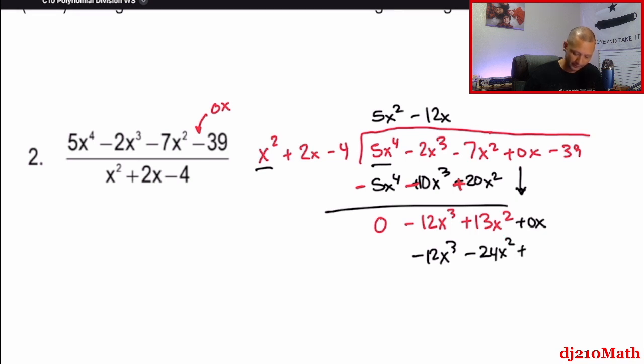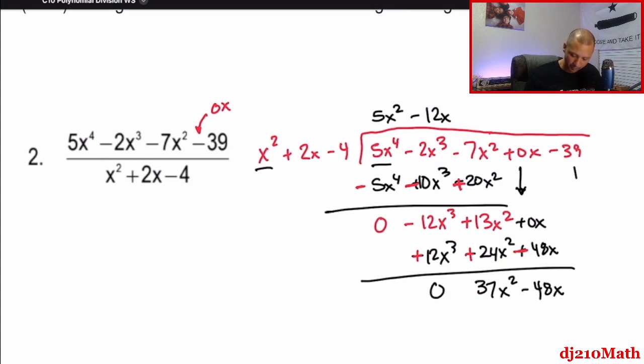Negative, negative is a positive. 12 times 4. 12, 24, 36, 48x. Flipping the signs. So this is plus, plus, minus. Adding down, 0, 37x squared, negative 48x. Bring down the negative 39.